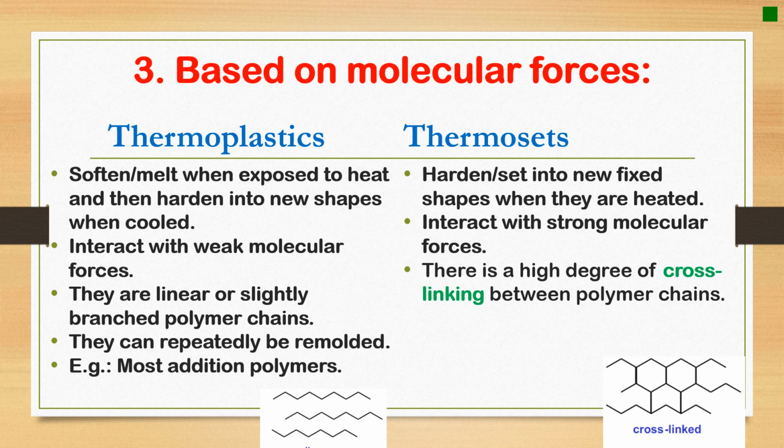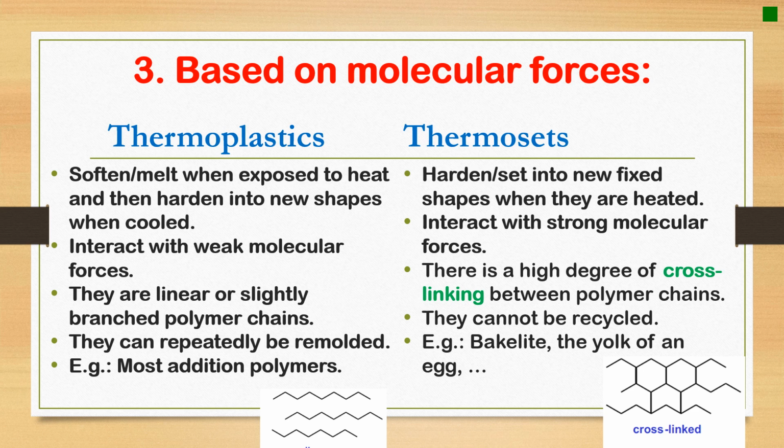So meaning that the cross-linking increases when it is exposed to heat. The fact that it cannot melt when it is exposed to heat and cannot be remolded into another shape makes them not recyclable. So thermosets are not recyclable.